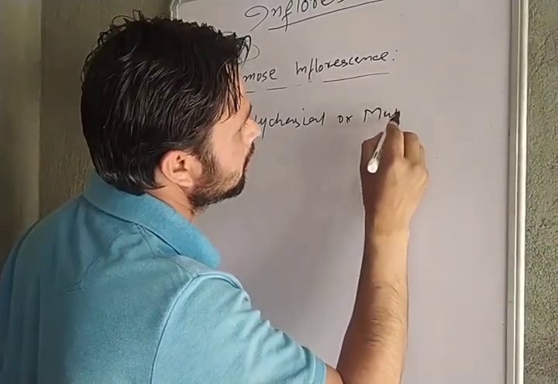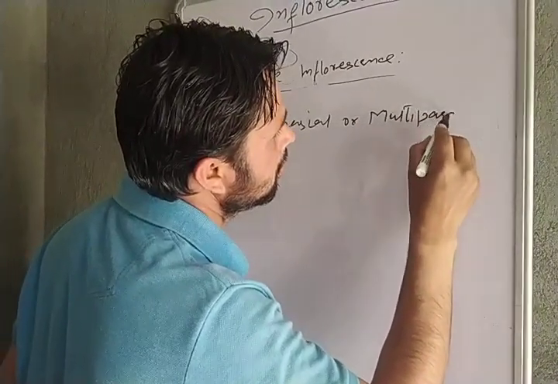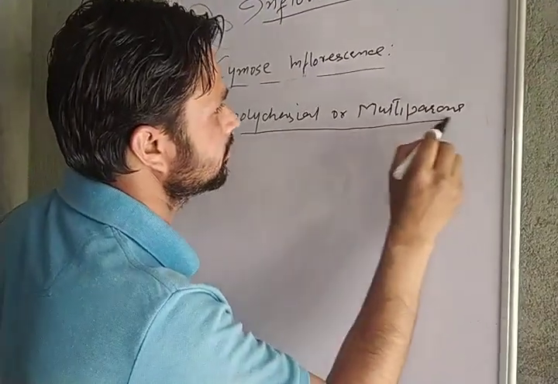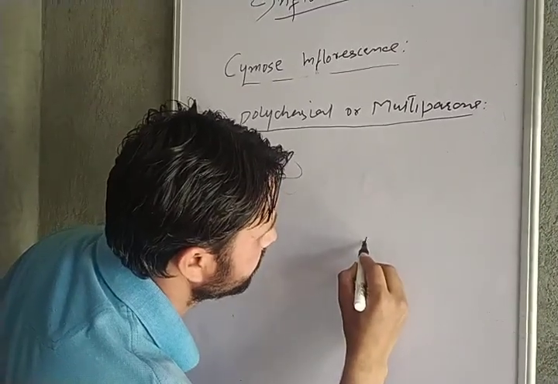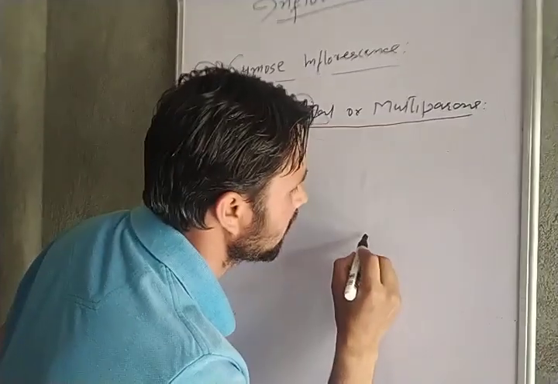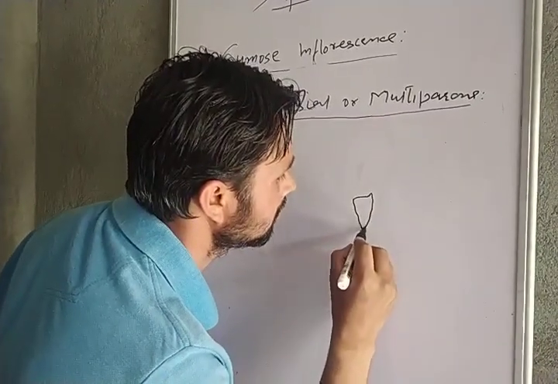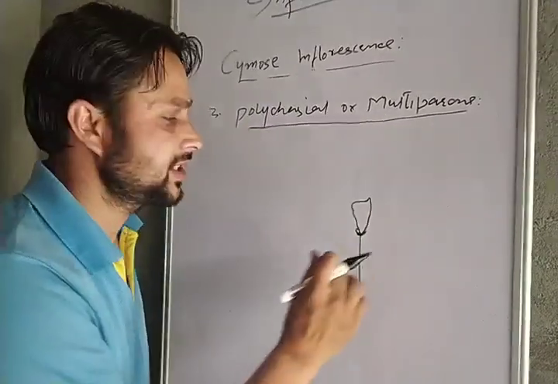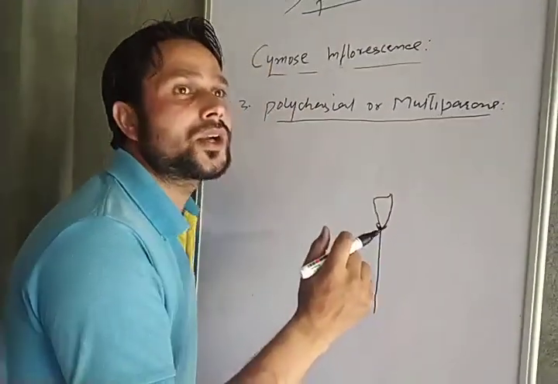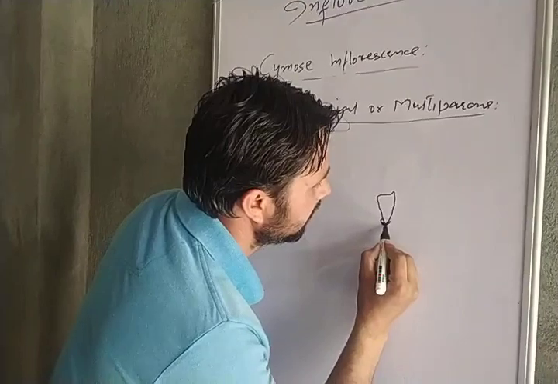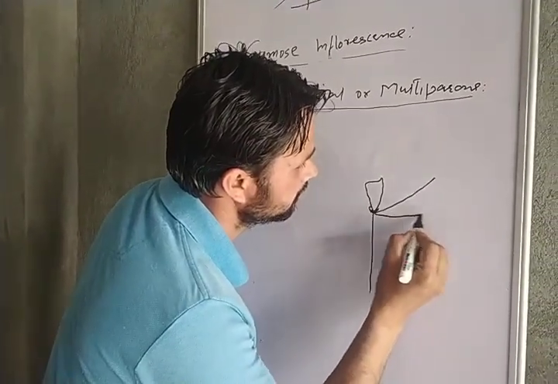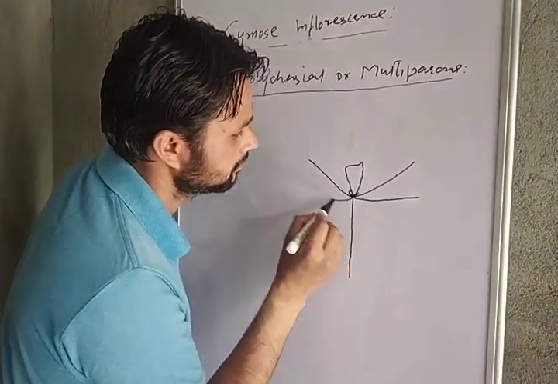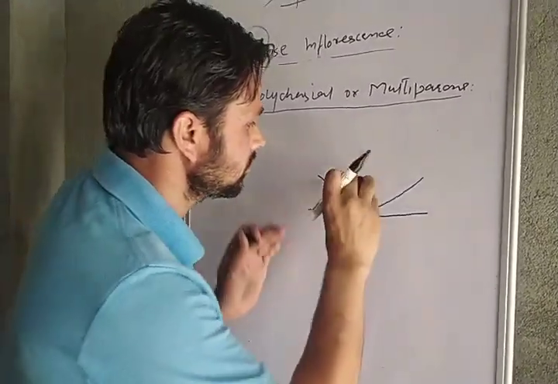Again, this is the floral axis, and it terminates into a flower. Now, in dichasium there were only two lateral branches arising from this axis, but here more than two lateral branches arise.